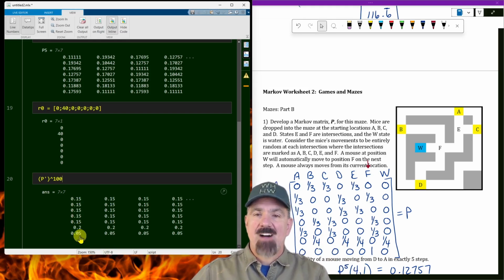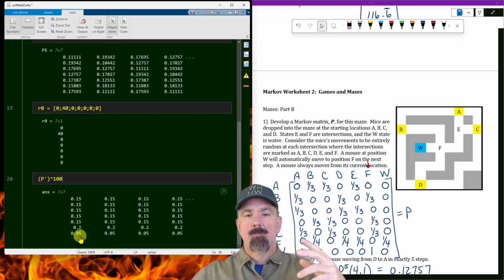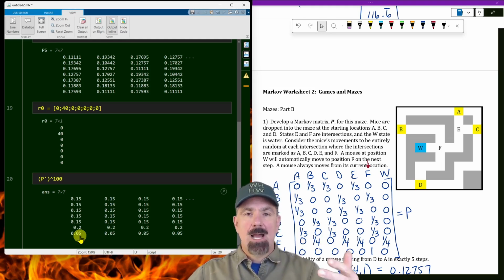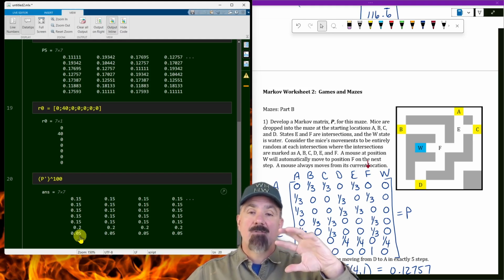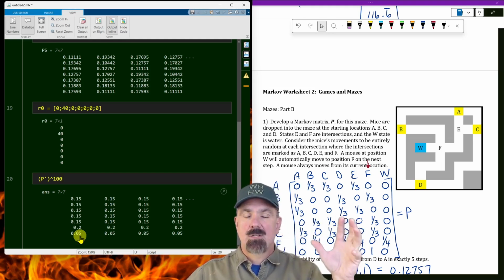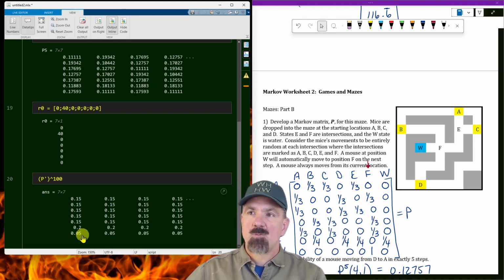So it's going to spend 5% of its time at the water. If each step is a certain period of time, like 5 seconds, and we track the mouse for 100 steps, so for 500 seconds, then we would expect it to have spent 5% of its time at the water.